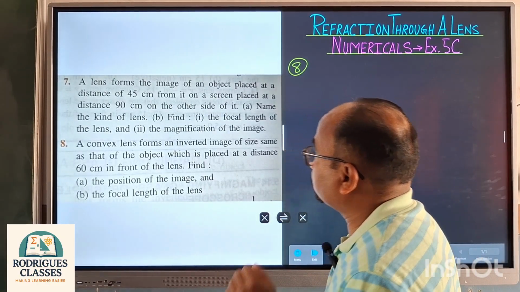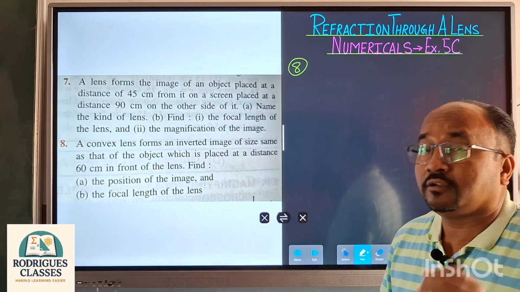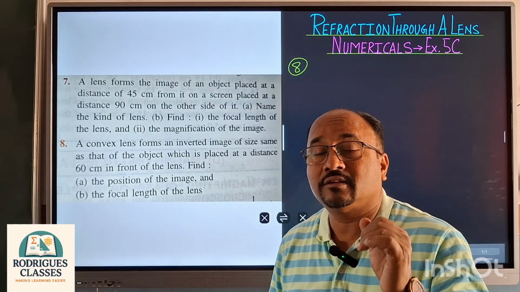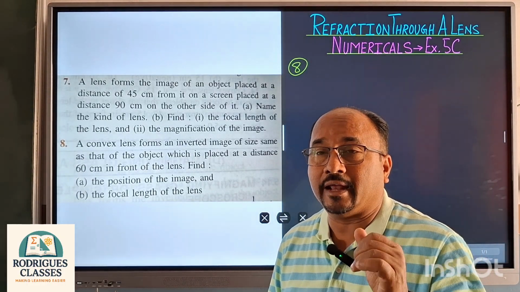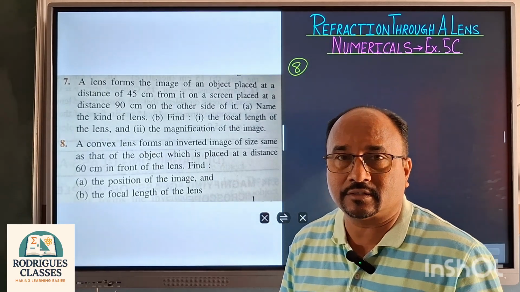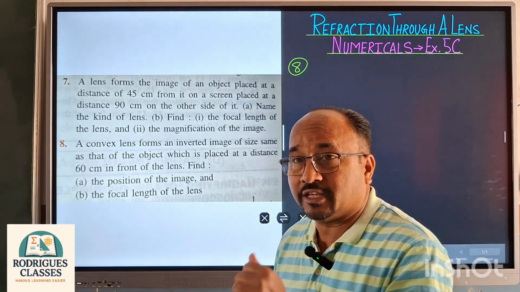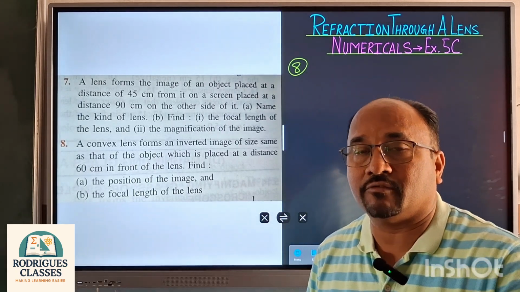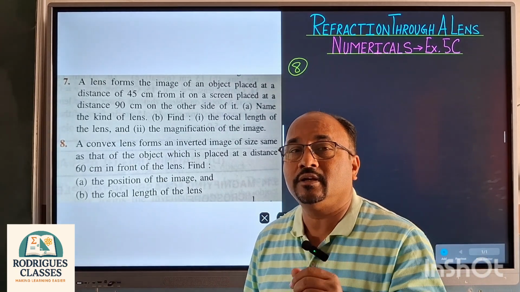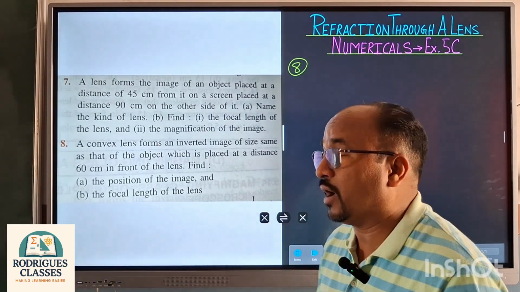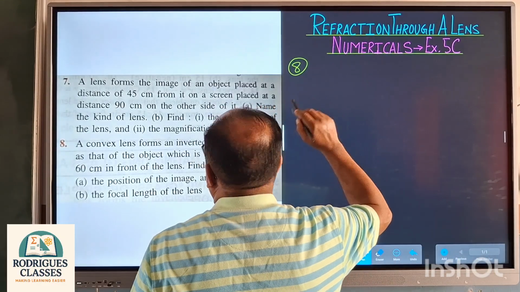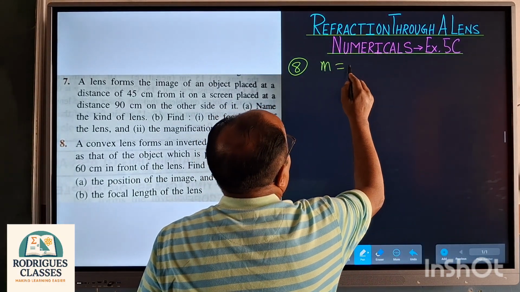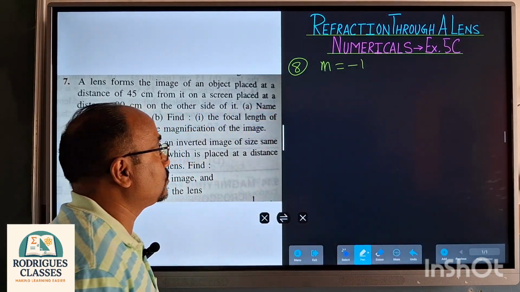Okay. So first of all, magnification is given as 1, and because it is a convex lens, the image formed will be real. If it is real and inverted, the magnification comes as minus 1. So I will write here magnification as minus 1.